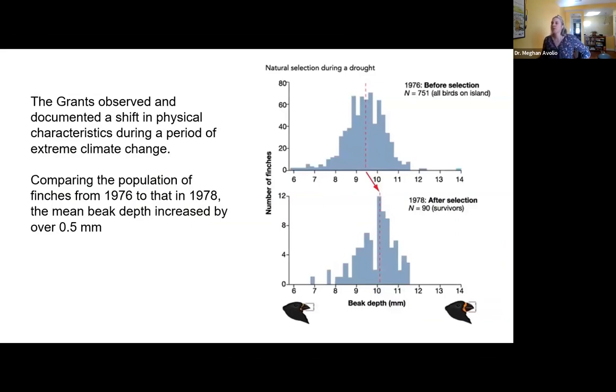So what the Grants observed is that they saw a big shift in the beak size distribution of finches following a really large drought. This drought occurred in 1976, 1977. Before the drought, the average beak size was 9.5 millimeters. After the drought, the average beak size was 10 millimeters.